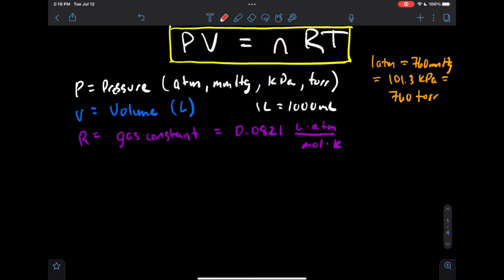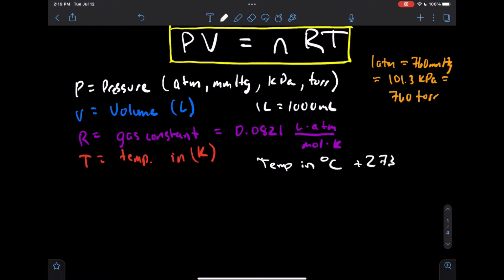The T in the equation is equal to the temperature, which is expressed in Kelvin. Now, to find the temperature in Kelvin, it's pretty simple. We'll take the temperature in degrees Celsius and add 273.